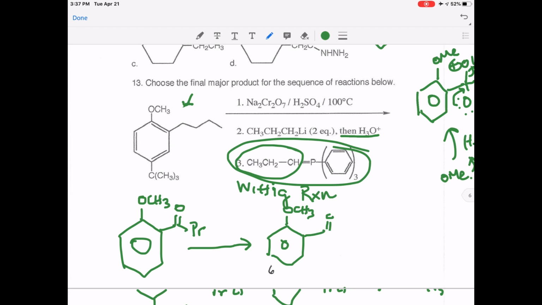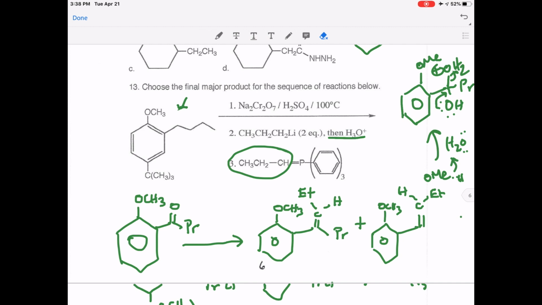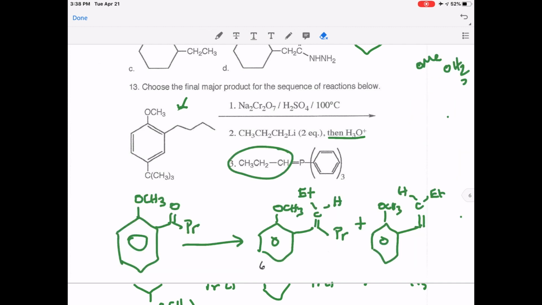We can either have this, or we can have another, its geometric isomer, or its diastereomer. So we're left with these two choices.